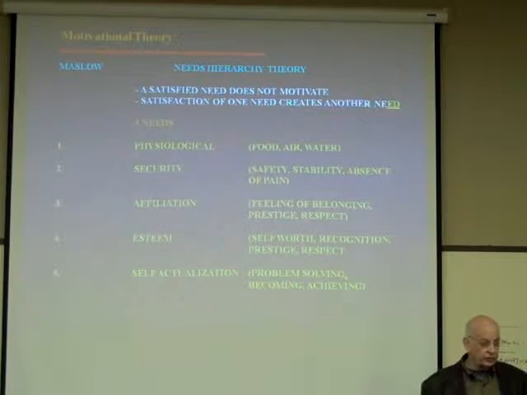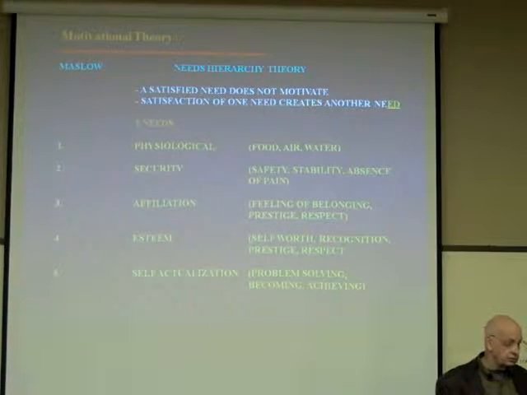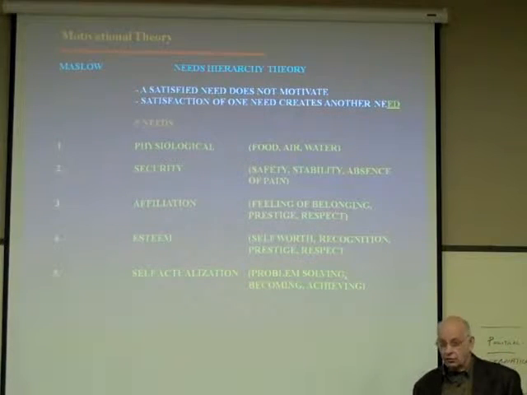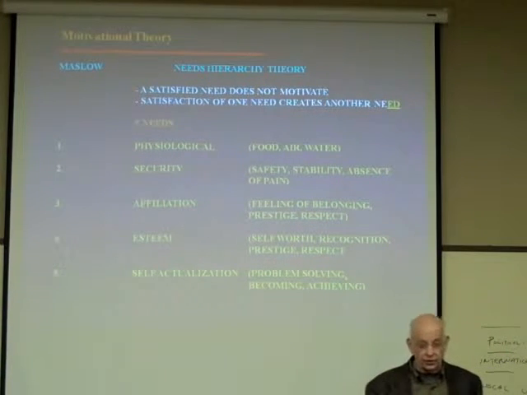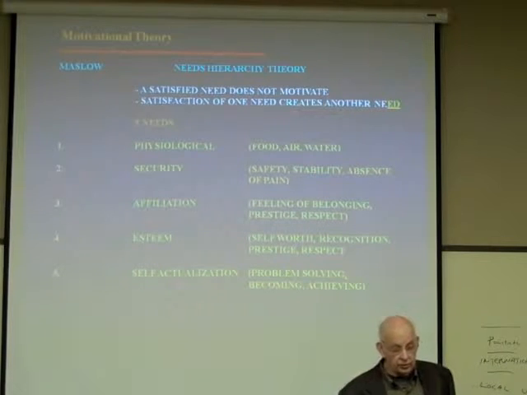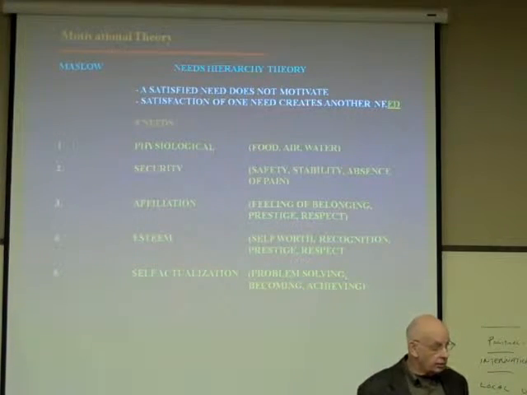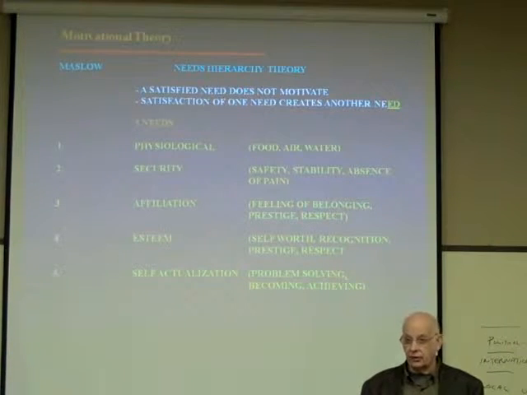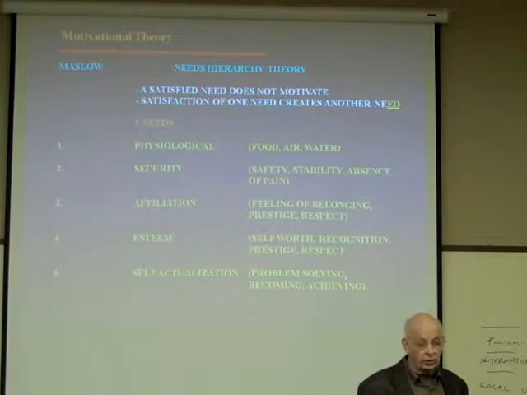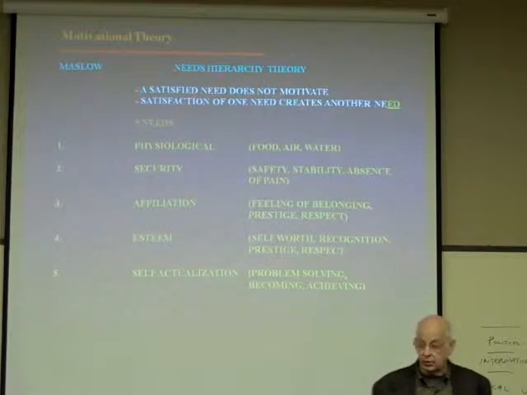We have a need for air, food, and water. Would you agree? Okay? If you are drowning in the ocean or in the lake, do you need a Mercedes or a lifeline? Obviously, you need a lifeline because air is more important than a Mercedes at that point in time.